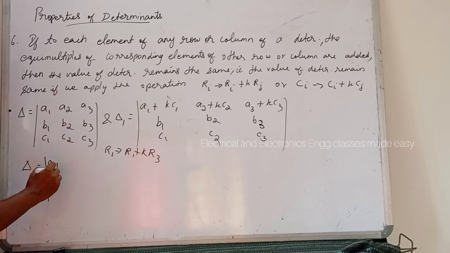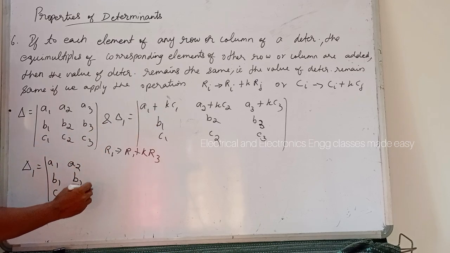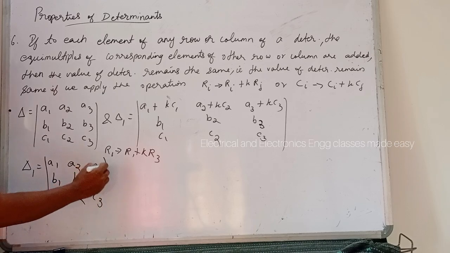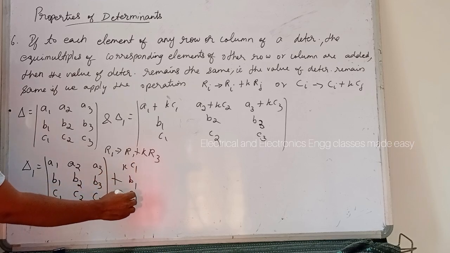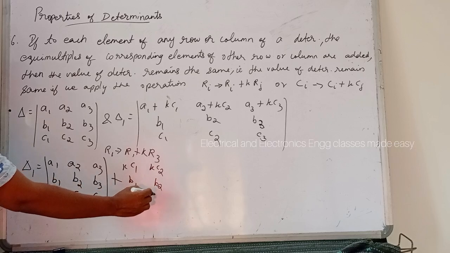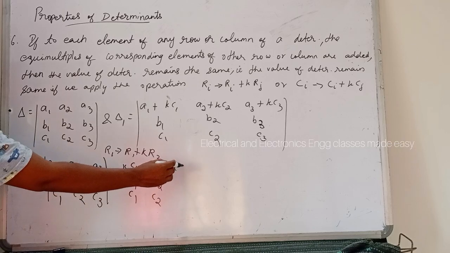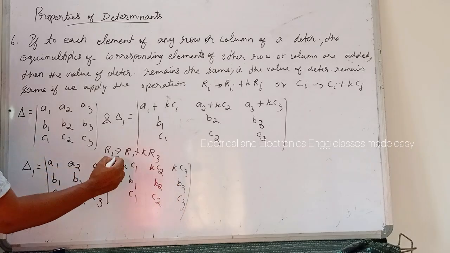So determinant of A1, B1, C1, A2, B2, C2, A3, B3, C3 plus, here we can write K C1, B1, C1, K C2, B2, C2, K C3, B3, C3.